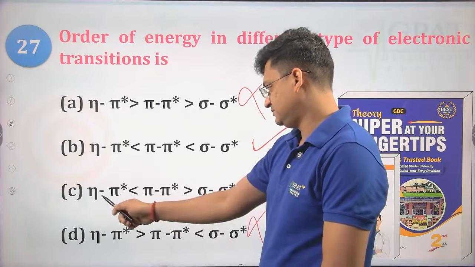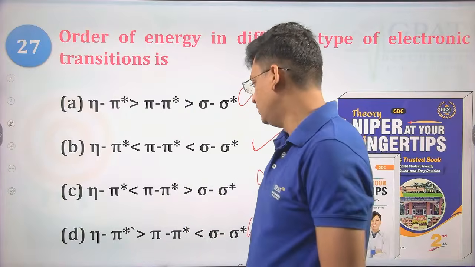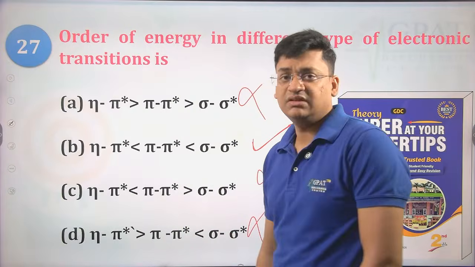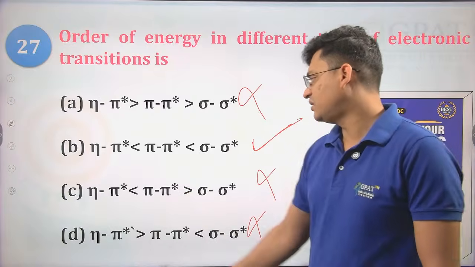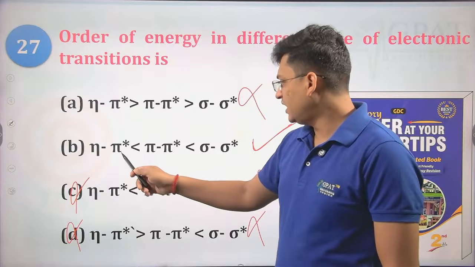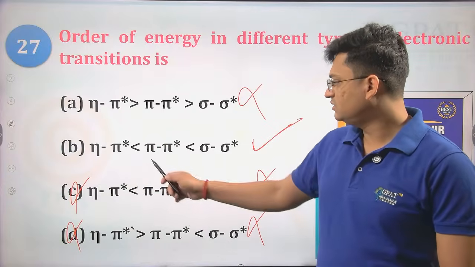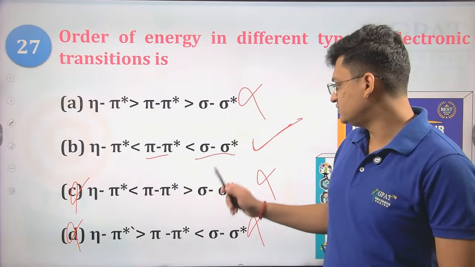What about this one? n to pi star has the highest value, while pi to pi star has a lower value, but here we have just the opposite, so this is wrong. We have n to pi star as the least, then this one as the highest.